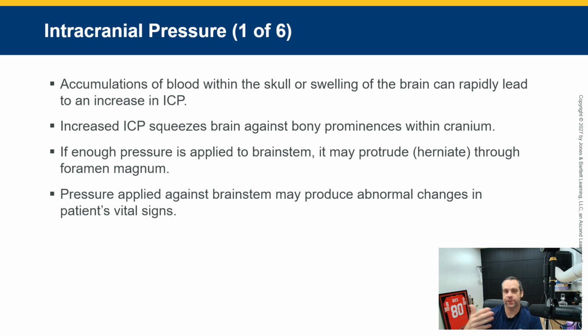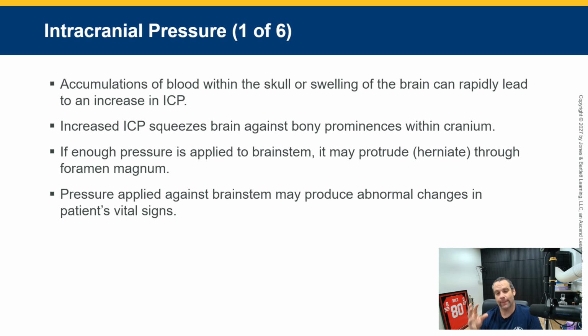As that pressure starts to increase, the blood vessels supplying the brain tissue actually become compressed as well. So this is going to reduce the amount of oxygenated blood reaching the brain and can worsen that existing injury already. If the pressure becomes severe enough, the brain tissue can be forced downwards towards the foramen magnum. This is what we're going to call herniation.